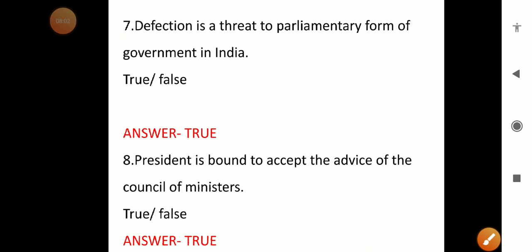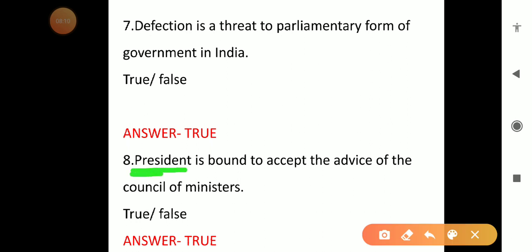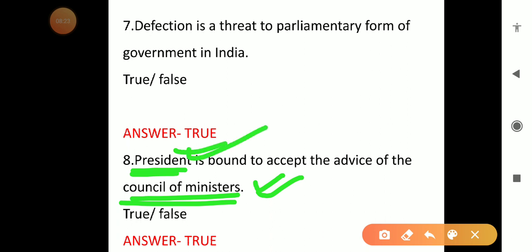Now, next question is, president is bound to accept the advice of the council of ministers. Yes, the president is a nominal head of the government, and the real executive is the council of ministers with the PM. Whatever the council of ministers suggests, the president has to accept it, right?